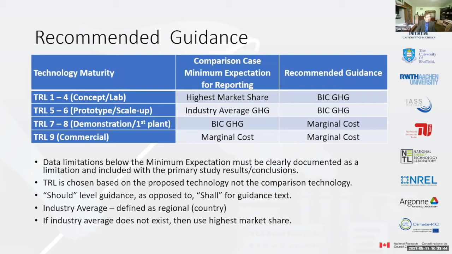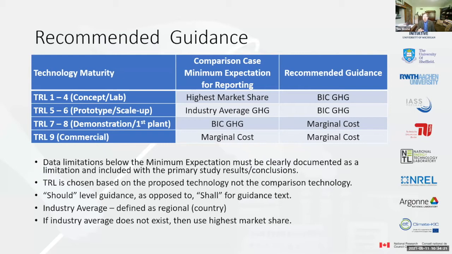Next question is, concerning TRL 9 technology comparisons, I agree that marginal cost comparison is more adequate. However, the comparison will be dependent on regional factors, such as tax frameworks or environmental regulations, right? This is the question that's driving towards what I talked about earlier about the difference between technology evaluation for the purposes of technology development and moving it into commercial deployment, which is what these sets of guidance are designed around.